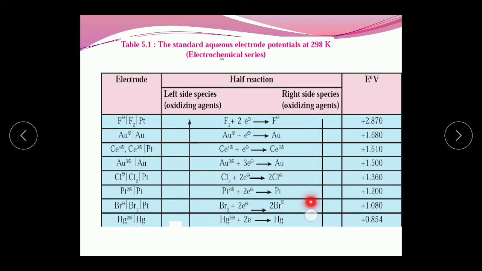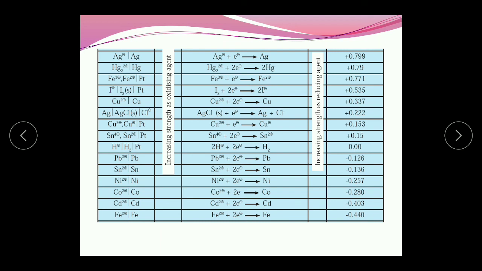On the right side, the strength decreases in this direction. So the one which is located at the upper side will definitely reduce the one which is located below it. So just by observing, we can determine the spontaneity of the reaction. We can construct easily any electrochemical cell just by taking the reduction and oxidation, or cathode and anode, from the EMF series.